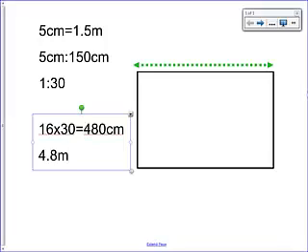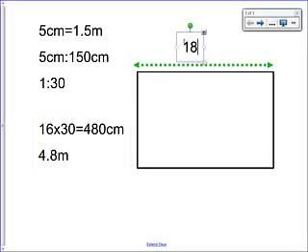Okay, so we've used a ratio to figure this out. What if we were looking at the side of her house? Instead of looking at the side of her bedroom, now we're looking at the side of the house, and instead of 16 centimeters across here on the drawing, it's now 18. How would you be able to figure out how many meters there are here? In fact, you know what?